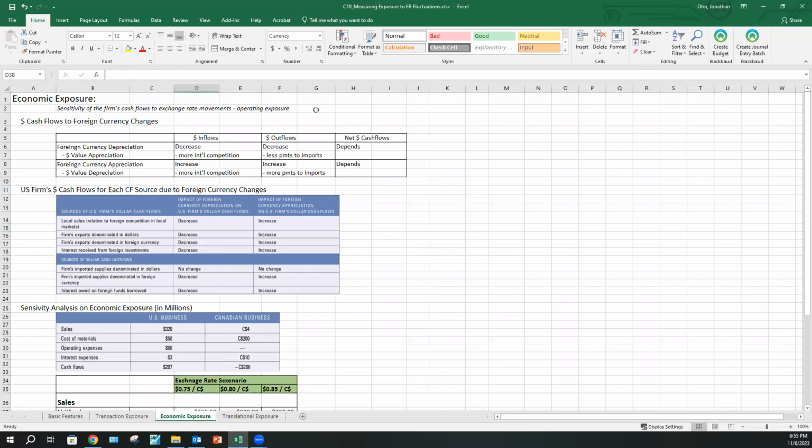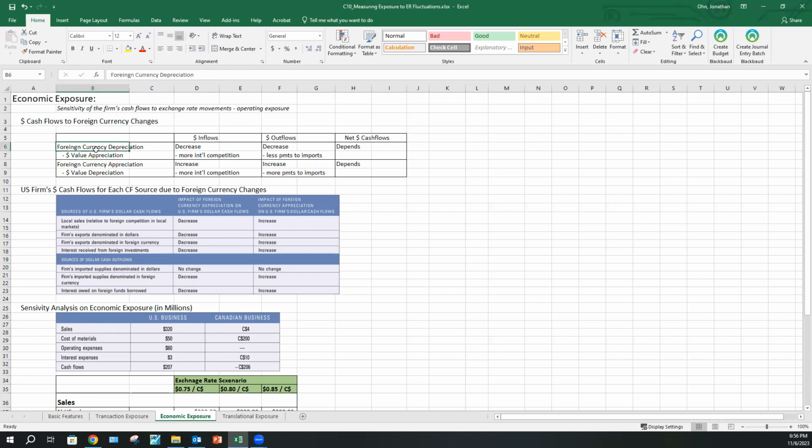This one is the sensitivity of the company's cash flows to exchange rate movements, and it is often called operating exposure. For example, the US dollar cash flows respond to foreign currency changes. If the foreign currency depreciates, then our dollar value appreciates.